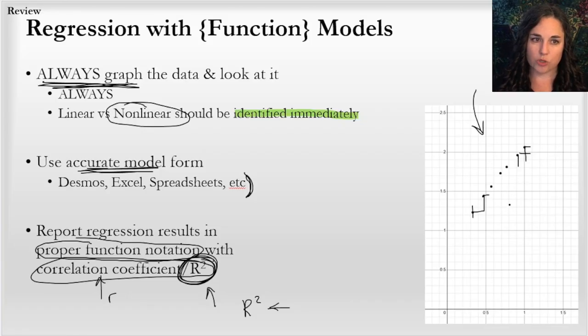So there's not a constant slope. That's why I'm going to call this nonlinear. We don't have a constant rate of change, average rate of change between those dots.